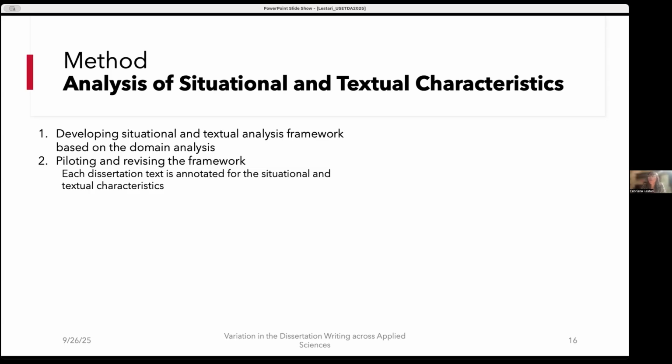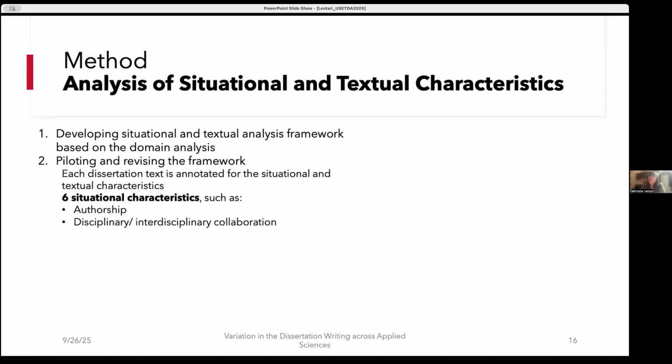I annotated for the situational and textual characteristics. Based on my domain analysis, I developed 6 situational characteristics that include, for example, authorship. So I have questions, let's say, to what extent the graduate student becomes the first author in the dissertation writing, or do they serve as the solo author, or do they reflect any collaborations and all that.